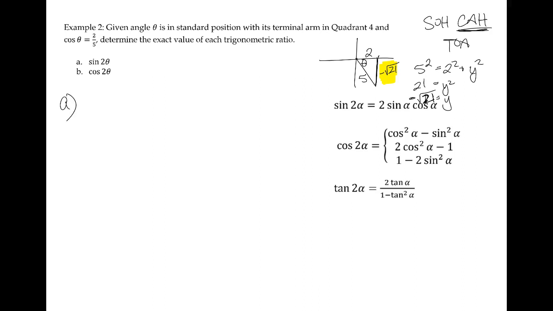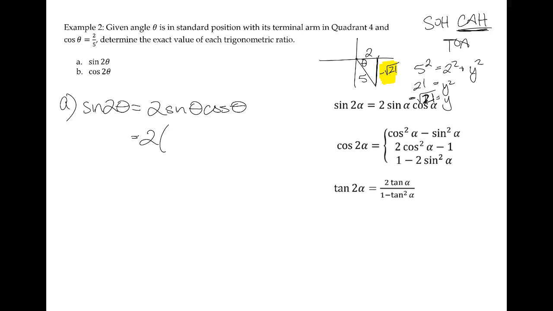So when I go to work through A, so that's all before I even try and attempt these individual pieces. Now I'm going to go at them. Well, I don't know theta, so I can't just plug and chug. I'm going to have to use my identity. So I'm going to work with 2 sine theta cos theta. From here, I know the value of sine theta is opposite over hypotenuse, so it's going to be negative root 21 over 5.